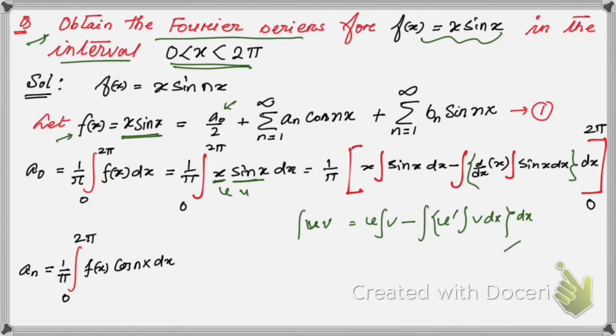So we have used this property, okay? So x is the u, and sine x is the v here, and here again the derivative of x, then the integration of sine x dx, right? So hope you have understood this.